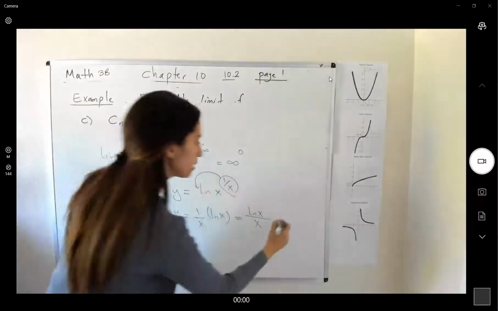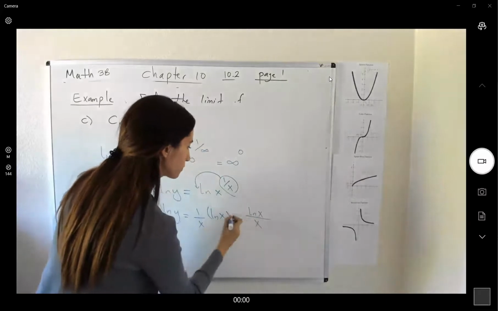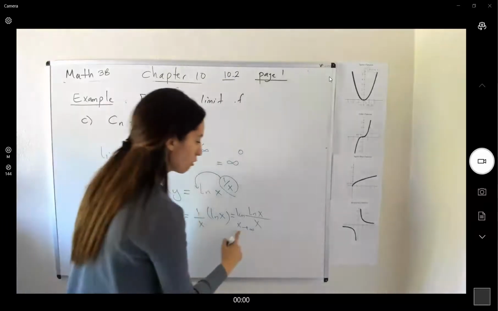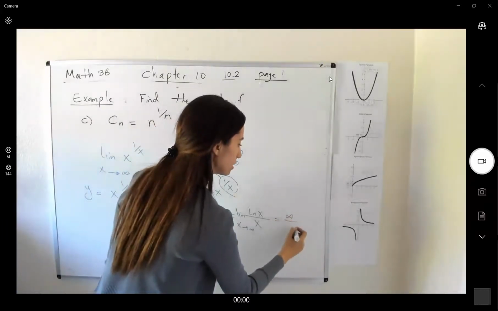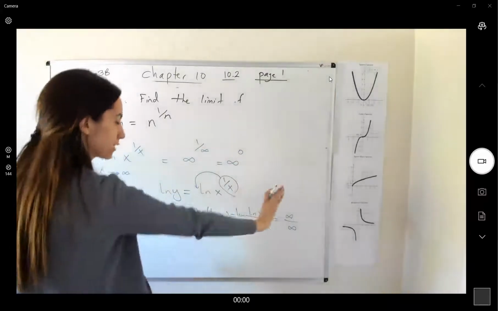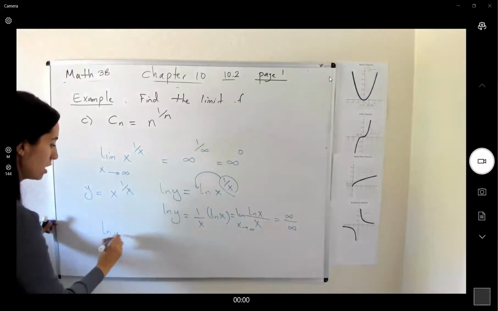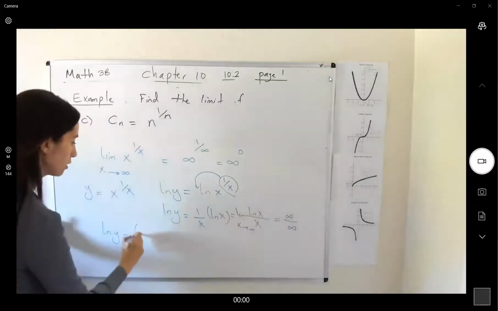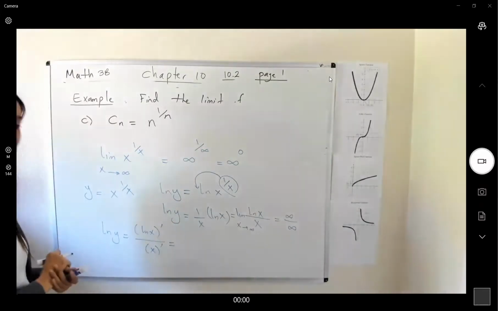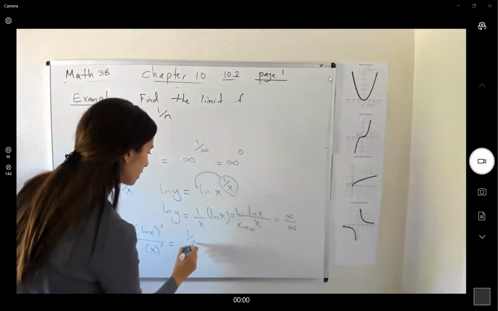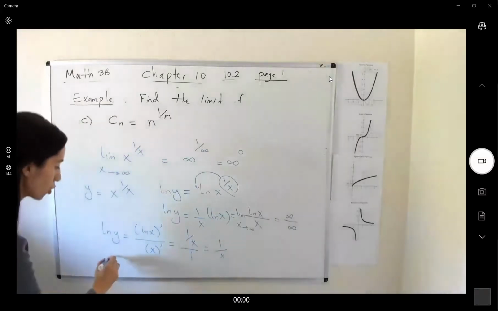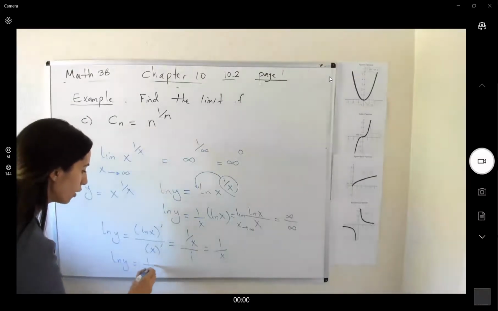Now, the limit of ln of x over x as x goes to infinity is infinity over infinity. Now you can apply L'Hopital's rule. So ln of y is equal to the derivative of ln of x divided by the derivative of x, which is 1 over x divided by 1. So ln of y is equal to 1 over x.